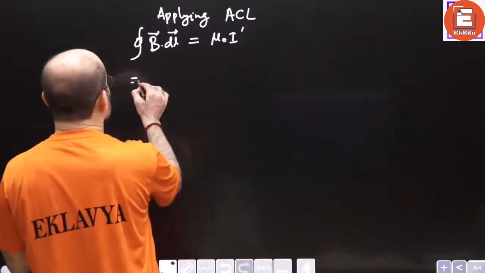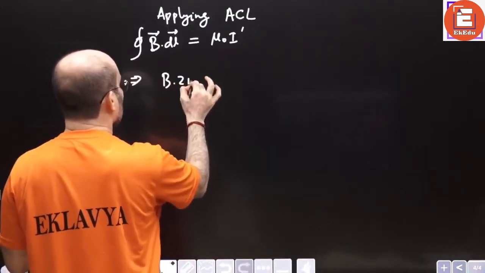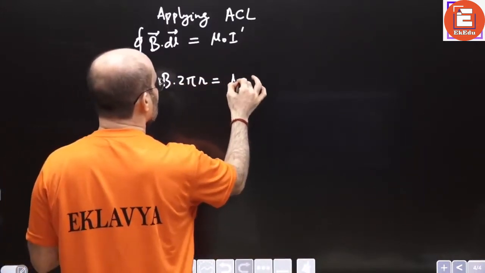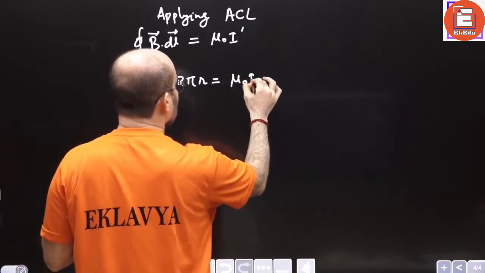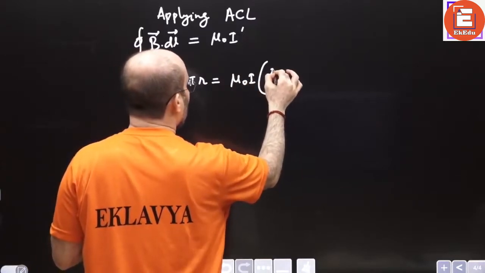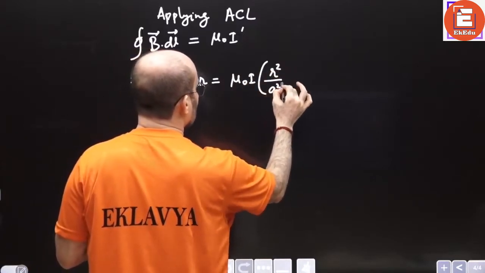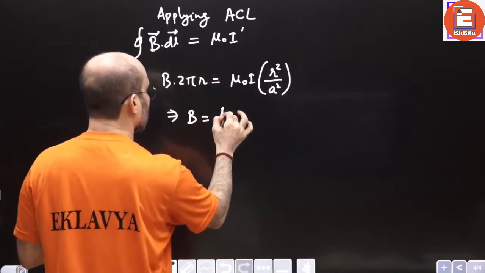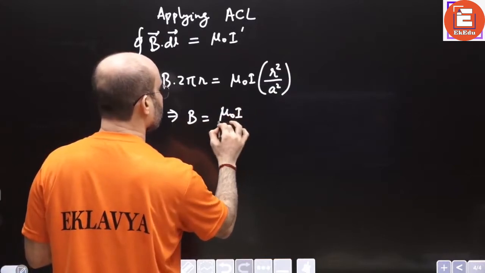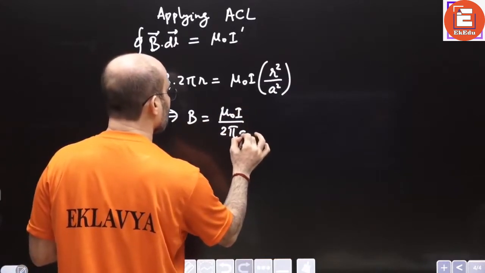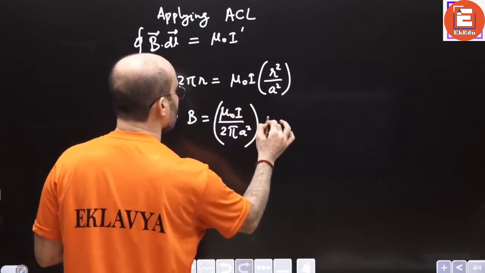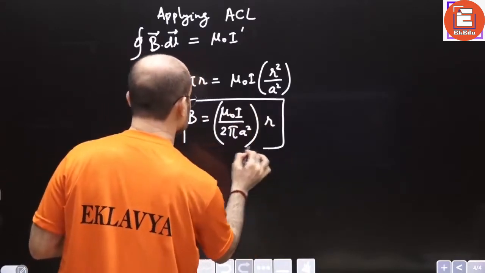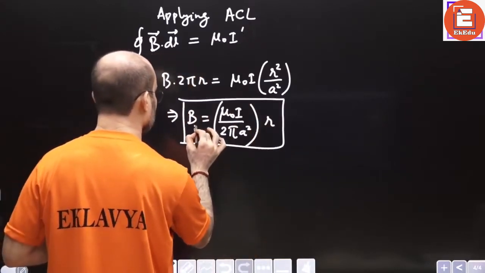So we have B into 2 pi r equals mu naught I into r square by a square. Okay. So what is the final result? B equals mu naught I by 2 pi a square into r. So this is going to be the result. This is inside.